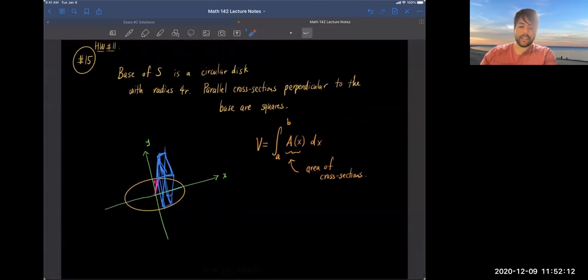So what is the cross section that I have here? What is my cross section? My cross sections are squares. So what would be the area of one square? How do you find the area of this one square?